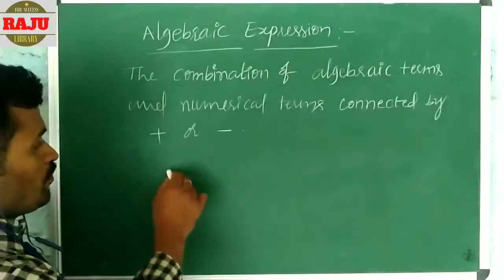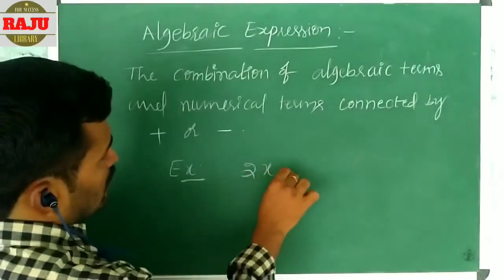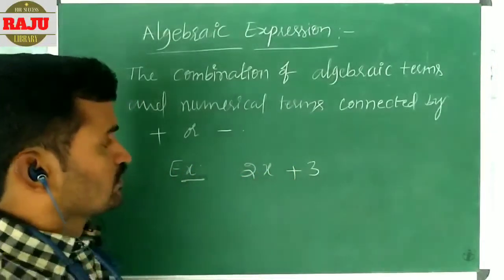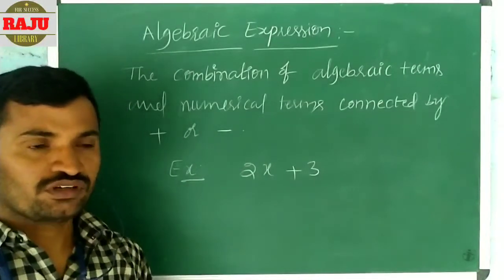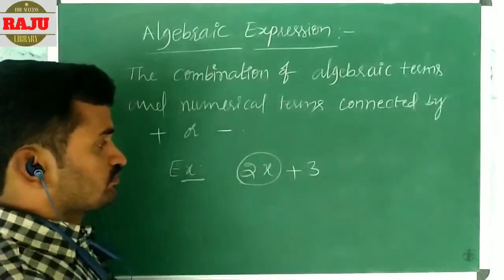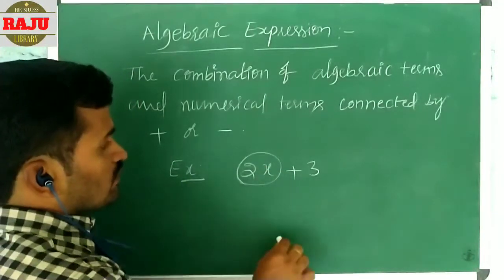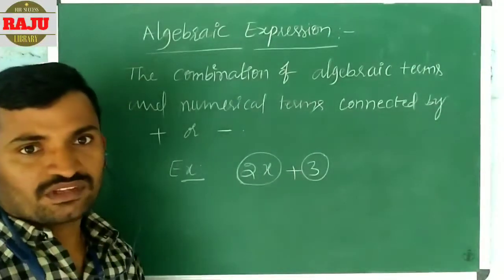Let us see one example. 2x plus 3. Here 2x plus 3 is an algebraic expression. Why? Because here one algebraic term is there. It is called an algebraic term. This is called a numeric term.